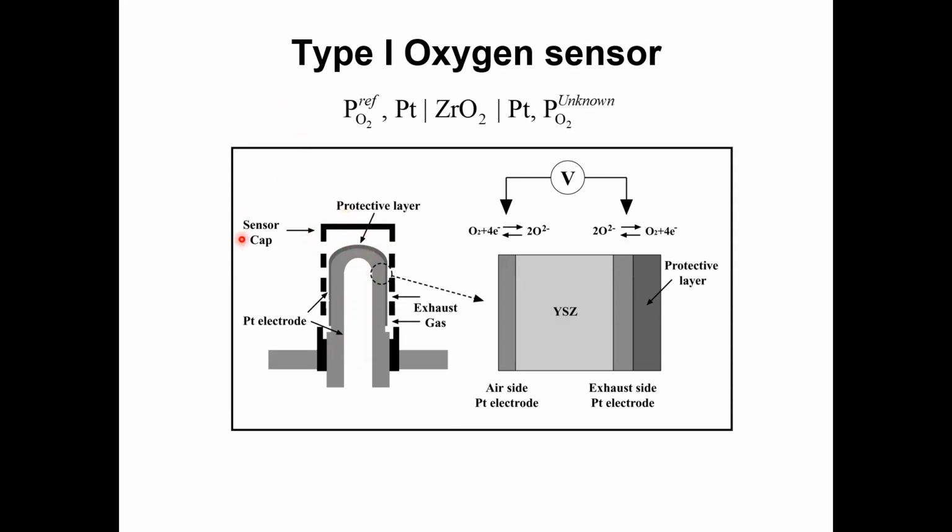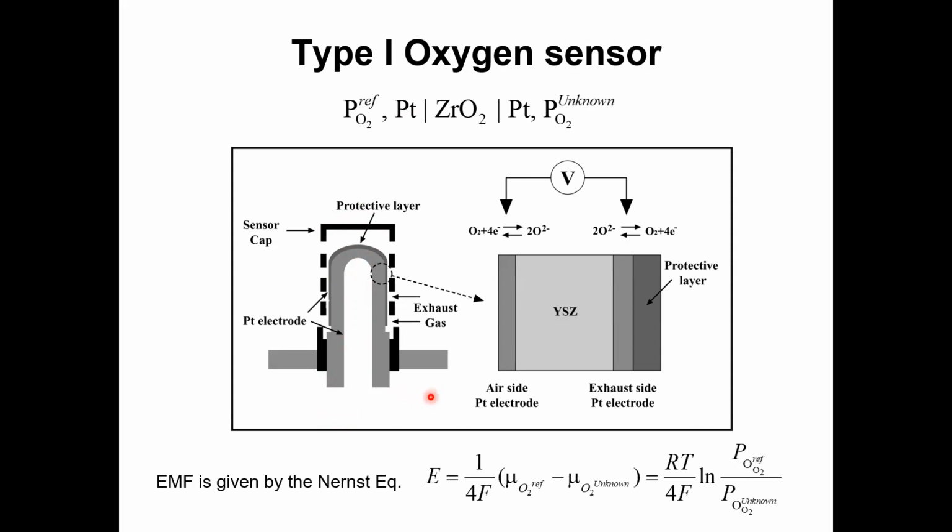And this oxygen sensor comes with a protective layer, stainless steel casing. And this gets injected or inserted into the automotive exhaust. Okay, so you're trying to detect the unknown environment with respect to the known reference, which is air, and you seal this air. So it has to be gas tight sealing at this end.